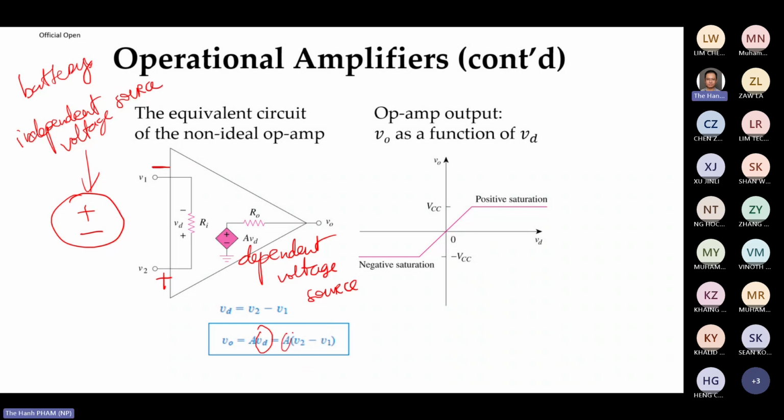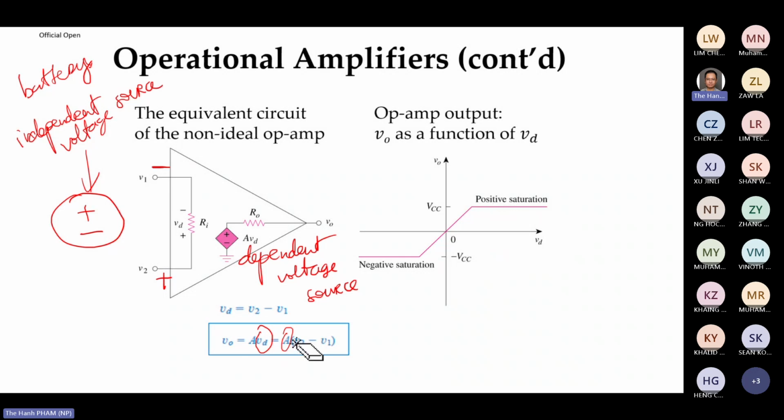Normally A is very huge, and you are capped at VCC and minus VCC. So if VCC is 10 volts, then the output cannot be above 10 volts, right? So normally we don't use an op-amp without feedback, because the output will be saturated very quickly.